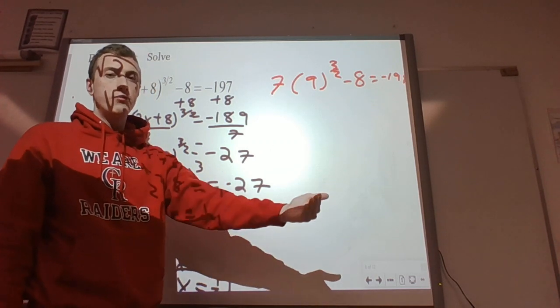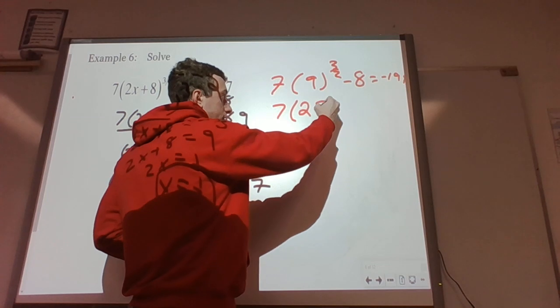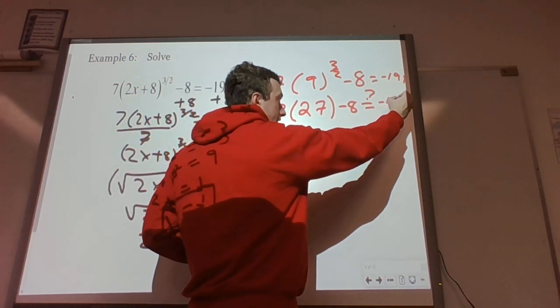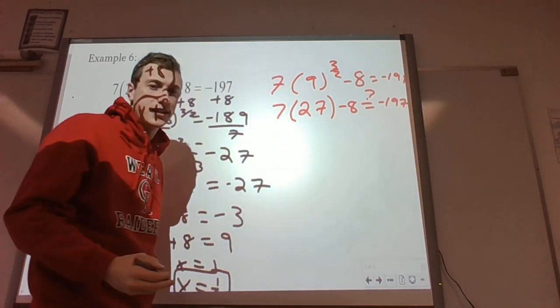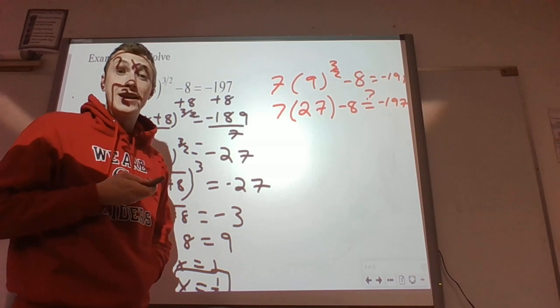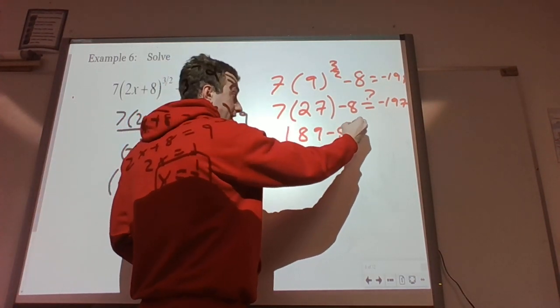So 3 cubed, 27. 7 times 27 minus 8, does that equal negative 197? That's what we're asking. 7 times 27 must be 189, like we said earlier. 189 minus 8.